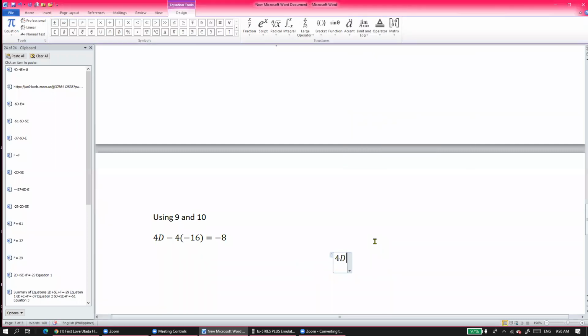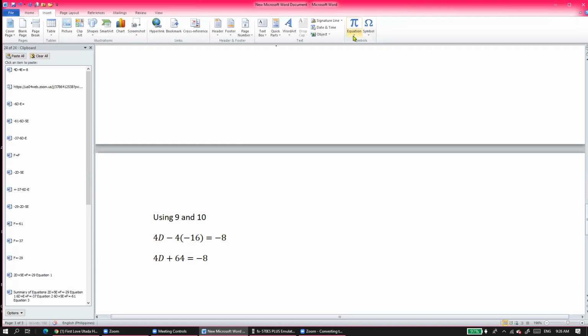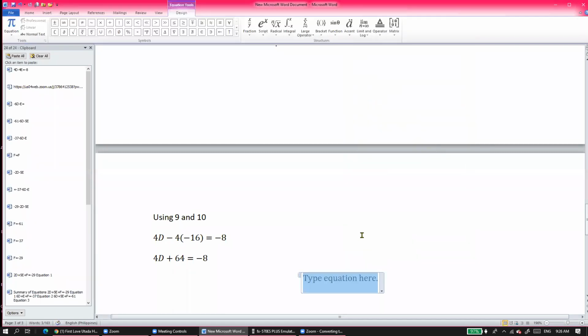4d plus 64 equals negative 8. Then 4d equals negative 8 minus 64.